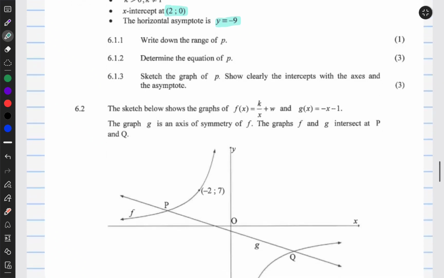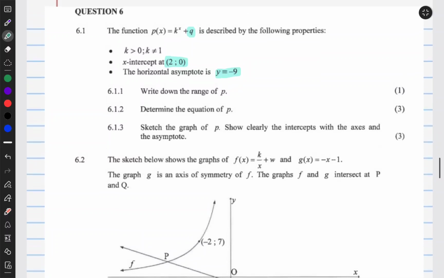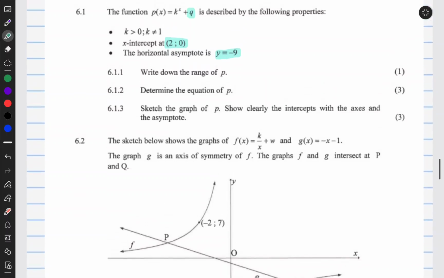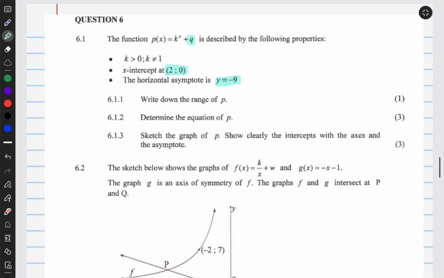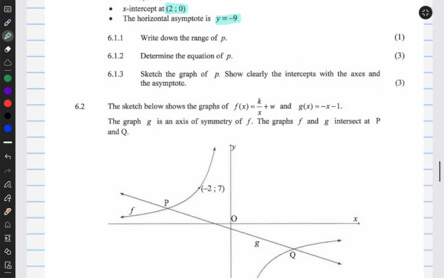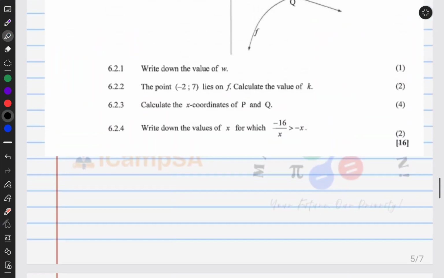For 6.1.1, we're asked to write down the range of p. If we know that the horizontal asymptote is negative 9, what is going to be the range of p? The function starts right above negative 9, going upwards, because we are dealing with the y values.